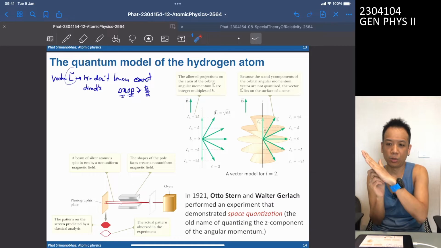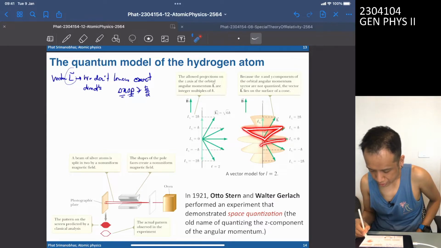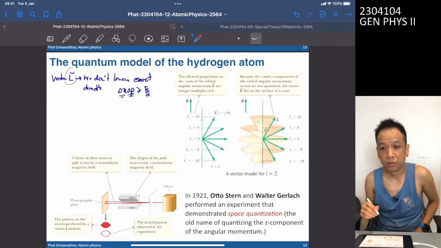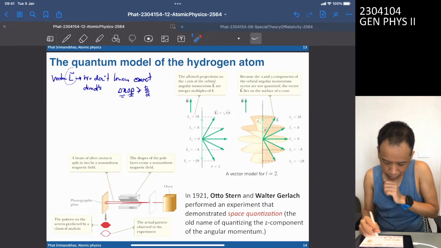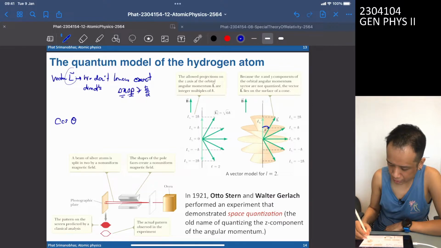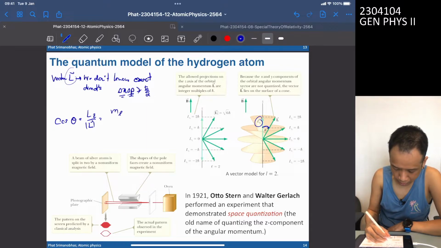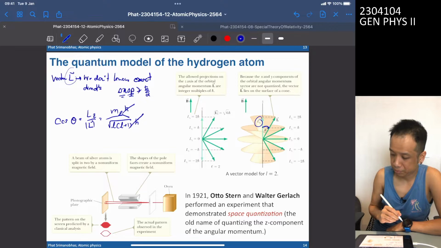It's just lying on the cone, and this cone is just the quantization state of L. So you can have the relation for cosine theta, the angle between Lz, the projection of L on the z-axis, and L. It's basically Lz over L, so it's ml h bar divided by the square root of L(L+1) h bar, and then that term is cancelled.